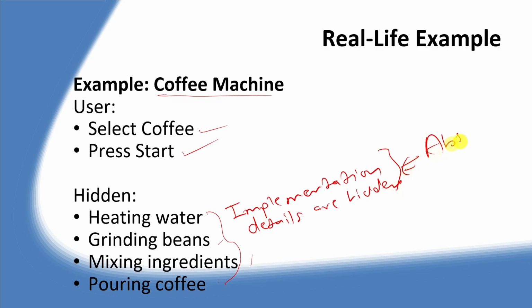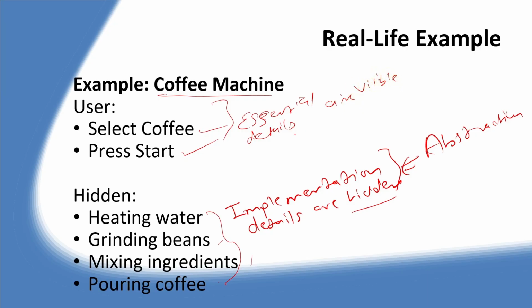So the backend logic, the backend process, the implementation details, how things are going on in the background, are hidden. Only the essential details, what we need to know, are visible or shown.